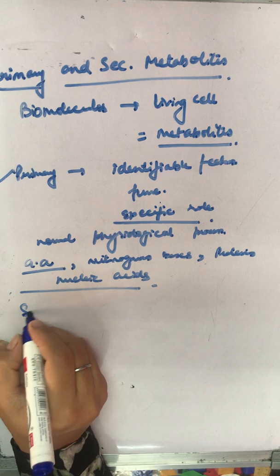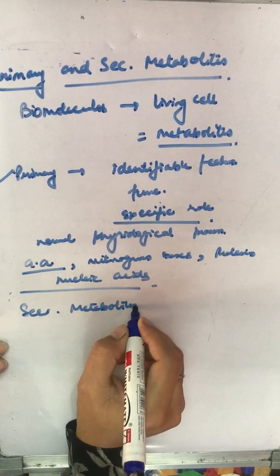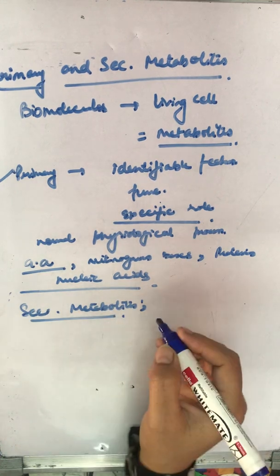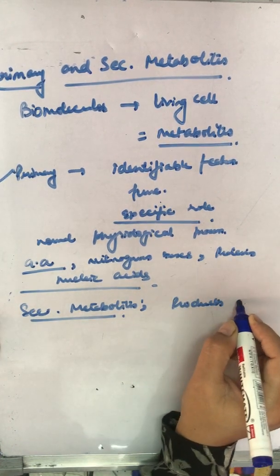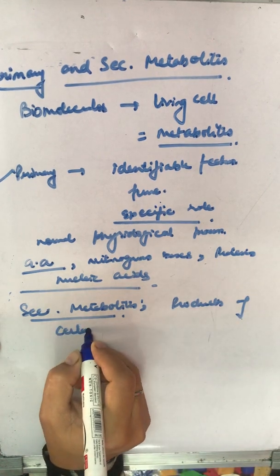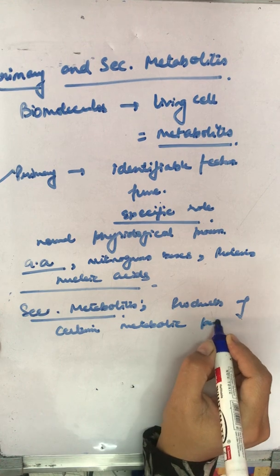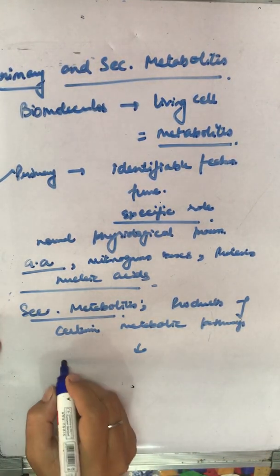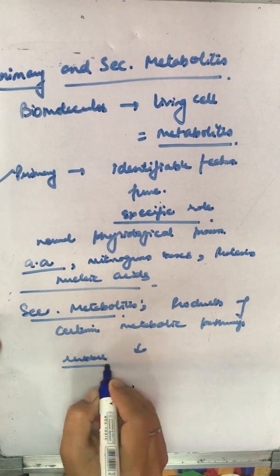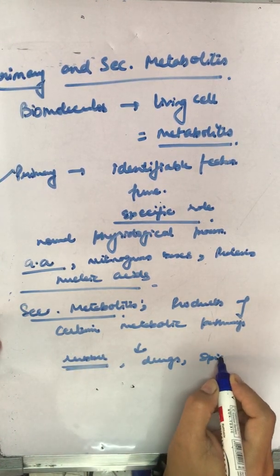When we move to secondary metabolites, these are the products of certain metabolic pathways which are useful to mankind, like rubber, drugs, spices.